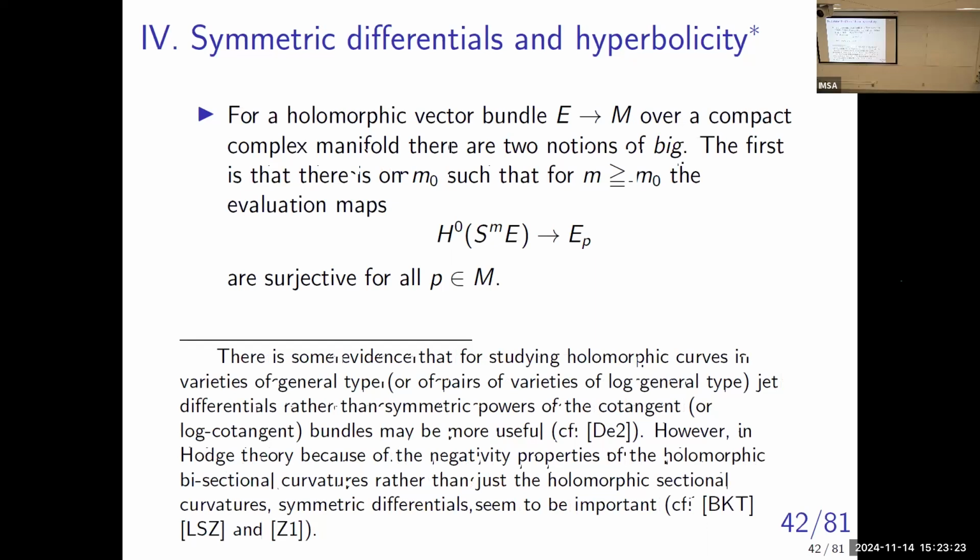That's going to mean that the vector bundle is itself positive. If they generate all the fibers outside a closed subvariety, so at a general point, that's going to mean that it's big and nef.